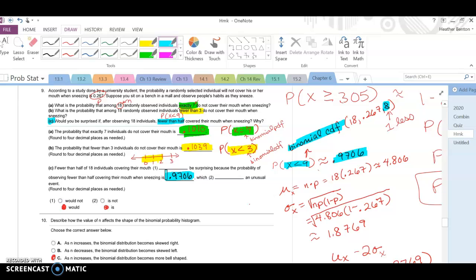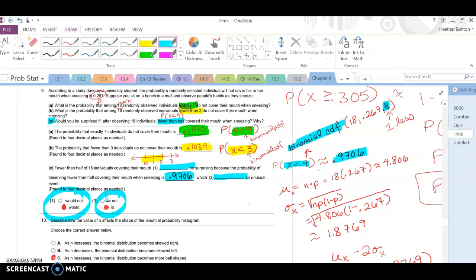The other part of this is a little bit tricky. It says you would or would not be surprised because the probability of observing fewer than half covering their mouth when sneezing is, number 2, this is part 1. Would or would not be surprised because, part 2, it is or is not an unusual event.